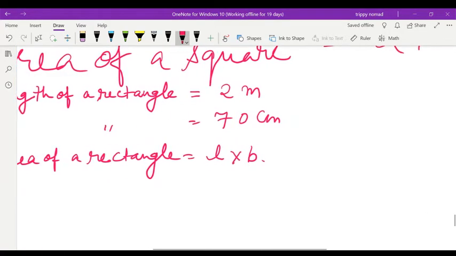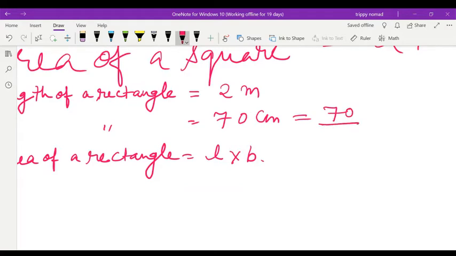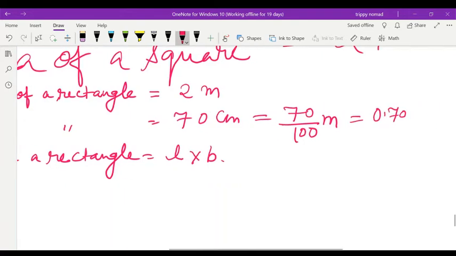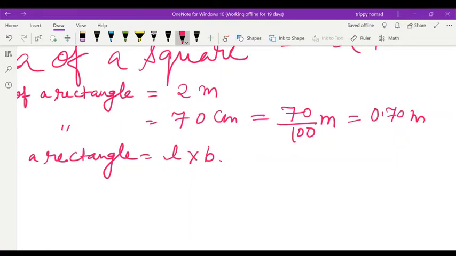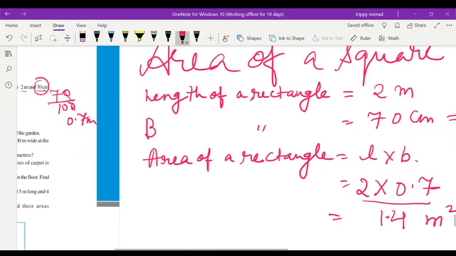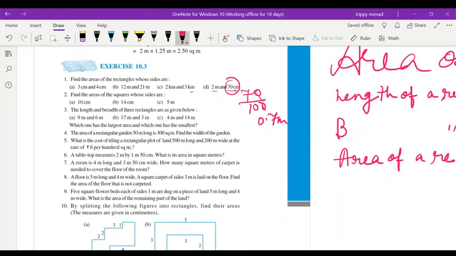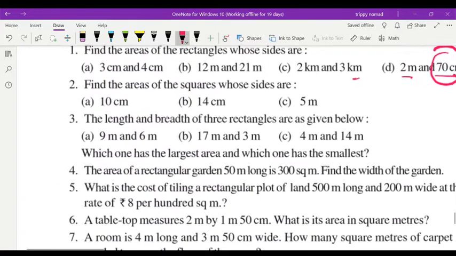So 70 centimeter is 70 upon 100 meter, that means 0.70 meter. And here 2 into 0.7. Either you can write 0.70 or 0.7. First you will multiply 7 by 2 to get 14, then you will put the point. After one digit the point will come, and meter square. This is the way.